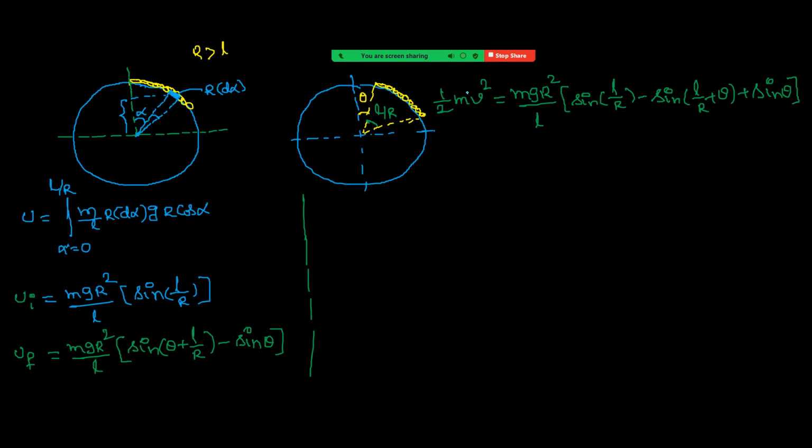So you can cancel m and take 2 here, or you can differentiate directly here only.